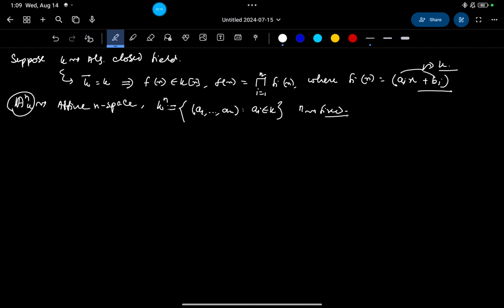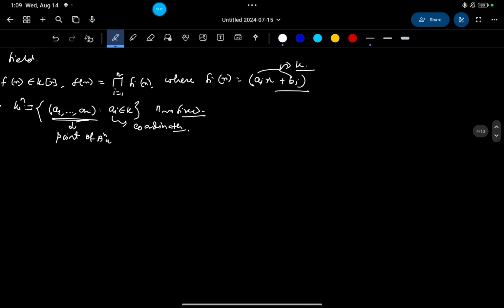So then A^n(K) is said to be affine n space of dimension n, which is nothing but the set of all n-tuples where the elements are coming from K. So this particular tuple is said to be a point of A^n(K), and each a_i is said to be a coordinate, okay. So you can easily figure out that if I take n equals 1, then A^1(K) is nothing but the same as K, okay.